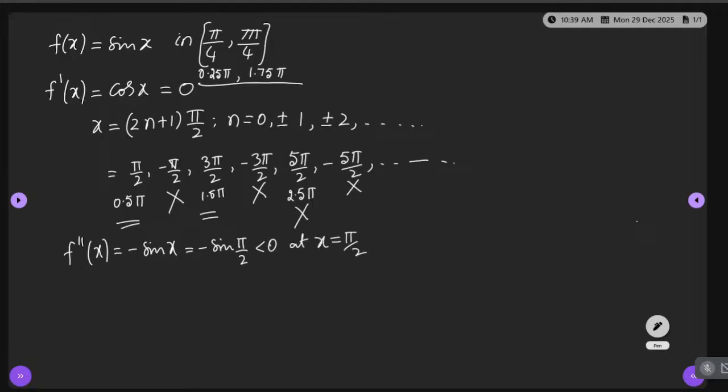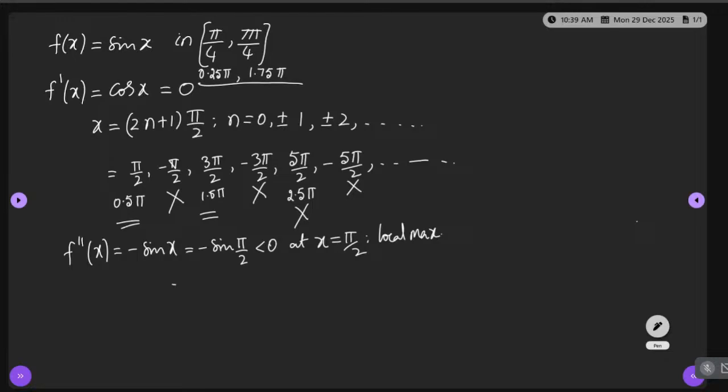So what are you getting, minima or maxima? Here you get local maxima. At x equals pi by 2 you will get local maximum.